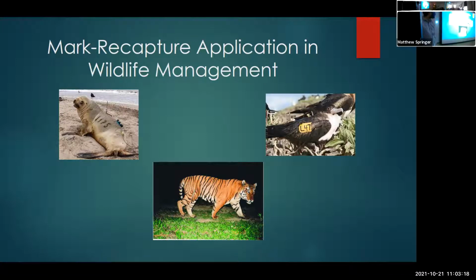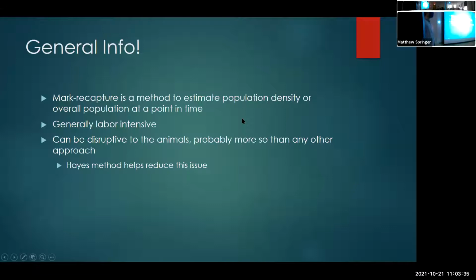So there has been a lot of work within the wildlife science field, ecology field, looking at methods that are both cost effective, time effective, and minimal impacts on the animals or species that you're trying to estimate.